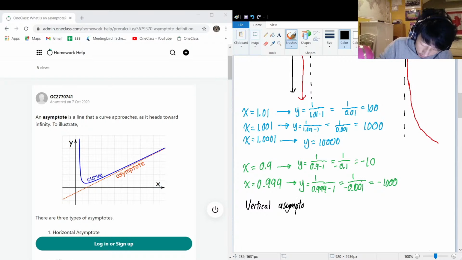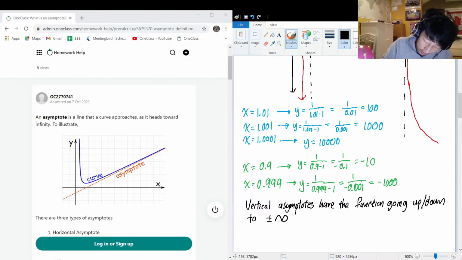Vertical asymptotes have the function going up or down to plus or minus infinity, either positive or negative infinity. It depends on your function, on at least one side.